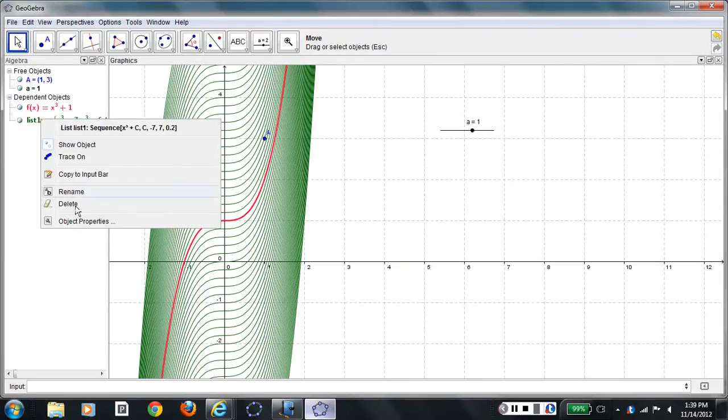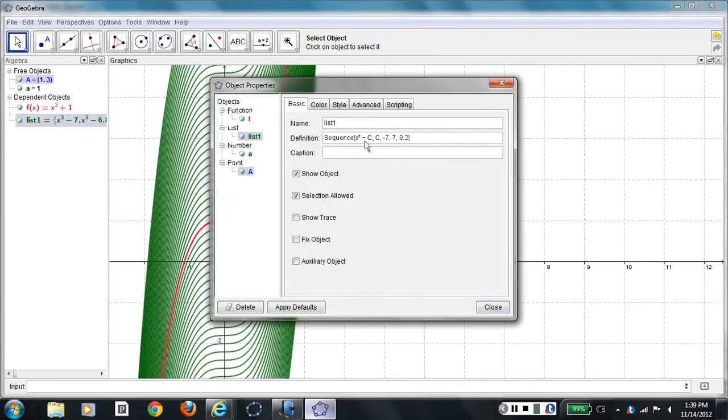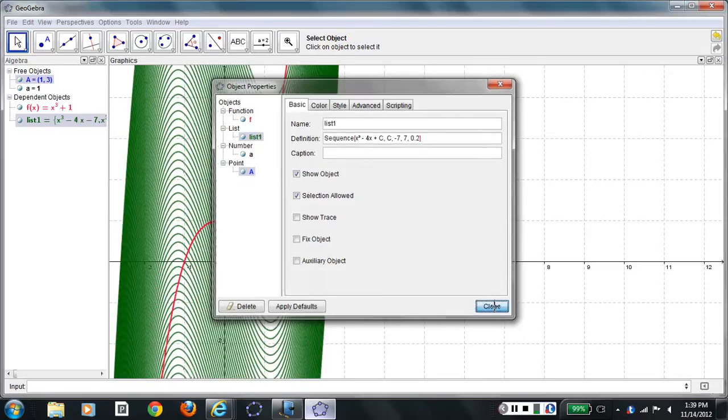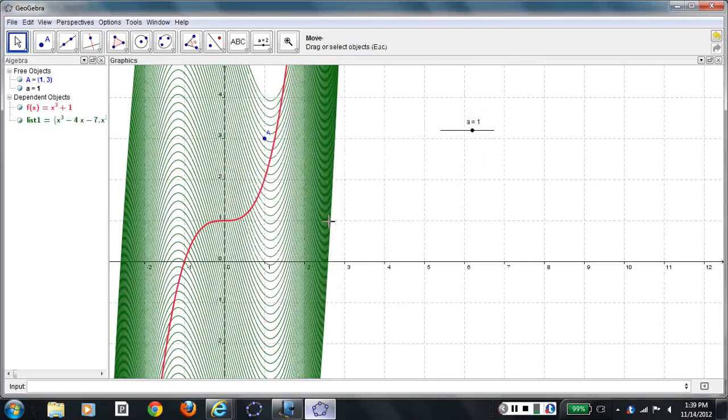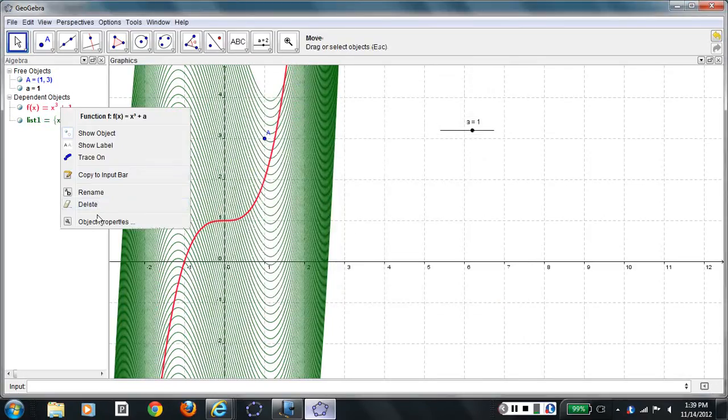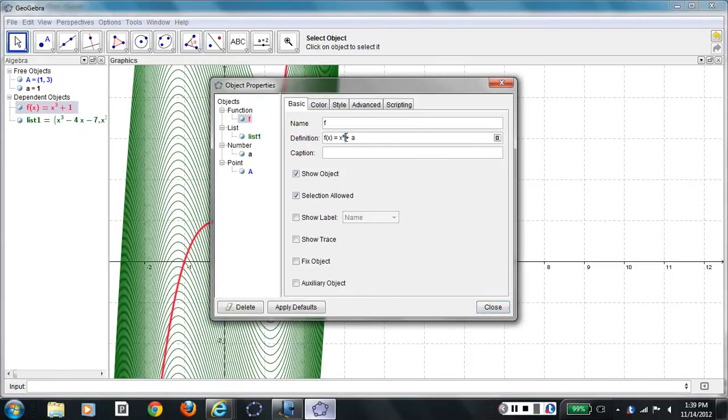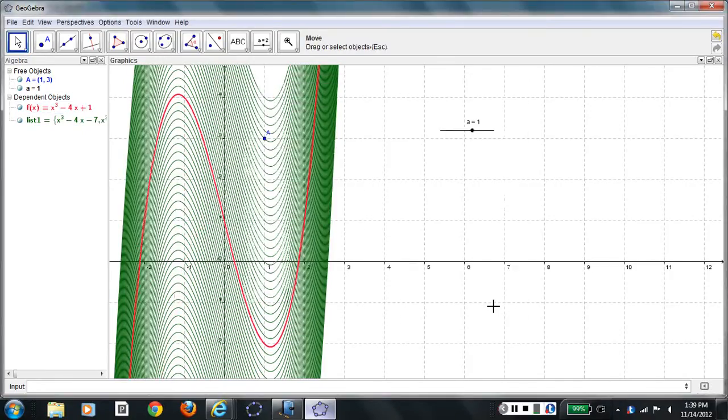Object properties. Maybe. I might be able to. What if I put in a, was it minus 4x plus c? There we go. And then for this one, put in a minus 4x. I've got the plus a there.